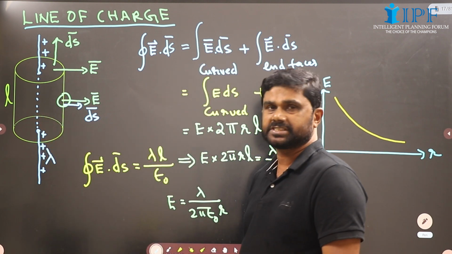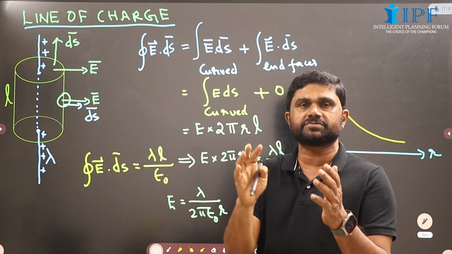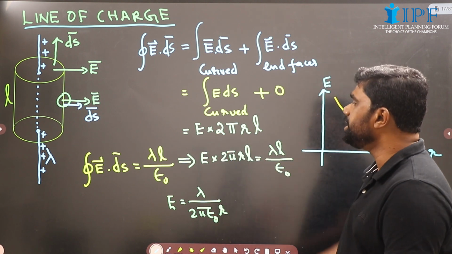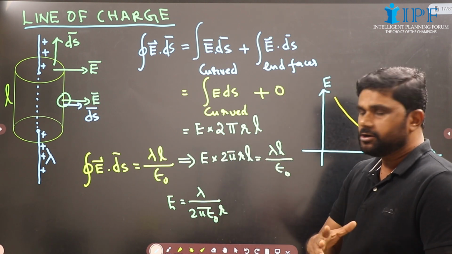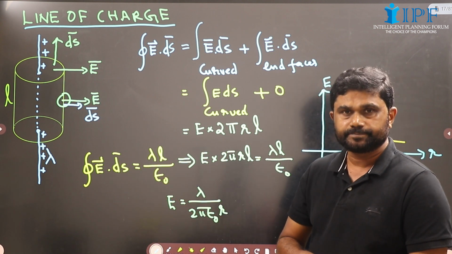But over the curved surface, E and ds are along the same direction, so E dot ds will be equal to E ds, and the integral over the curved surface will be E into 2 pi r L. By Gauss's law, closed integral E dot ds equals charge enclosed over epsilon 0.